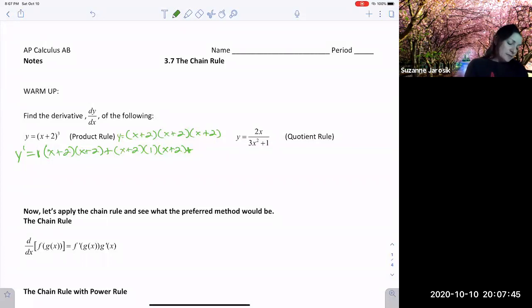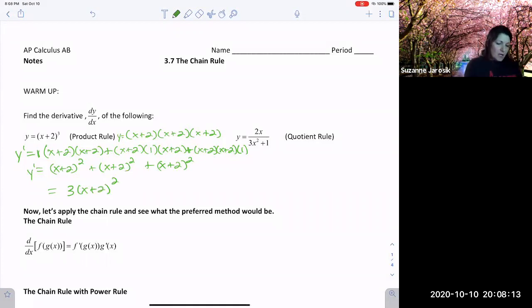And then of course, we have the first two, and then the third one is what we take the derivative of. So what we have in the end is x plus 2 squared plus x plus 2 squared plus x plus 2 squared, which is 3 times x plus 2 squared.